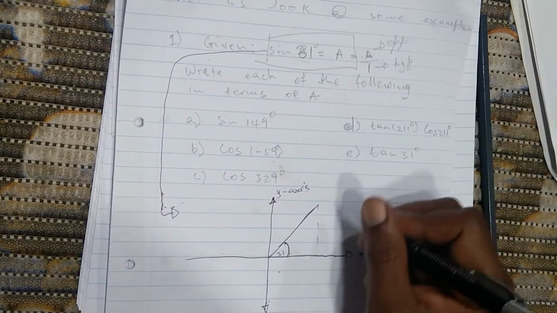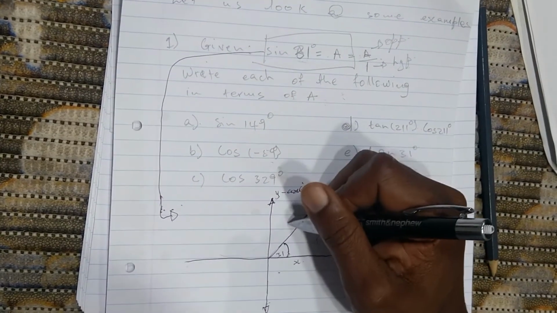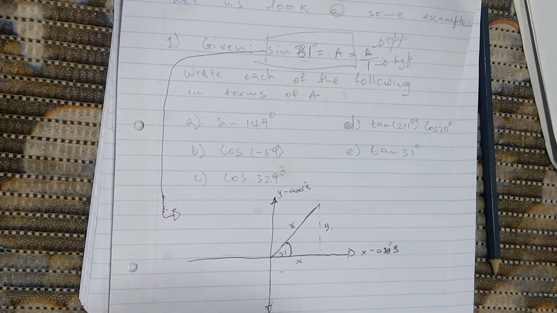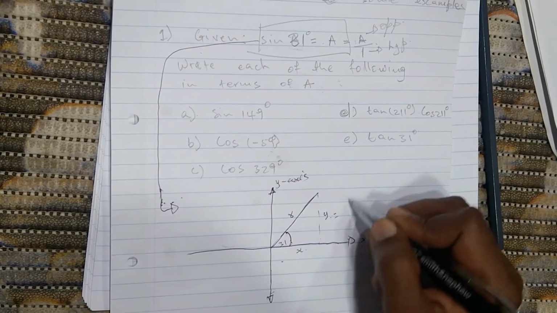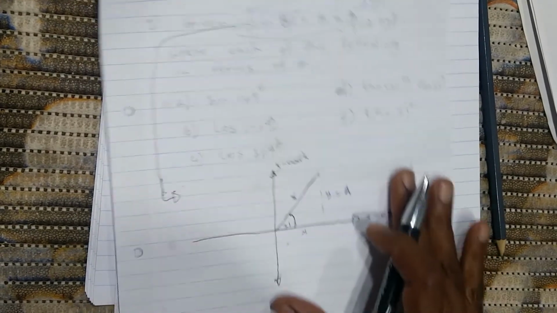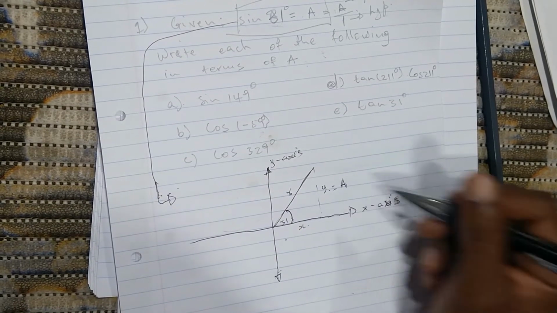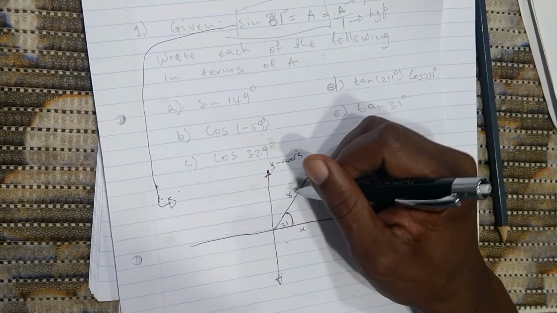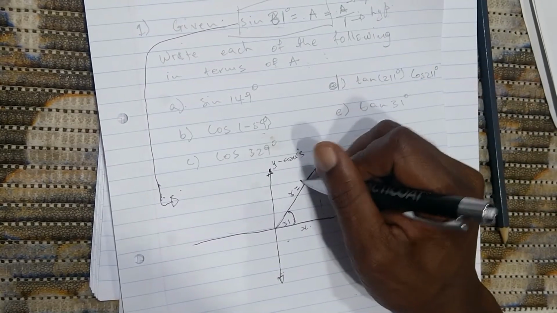The opposite side being y, that's x, and this is our hypotenuse, which is r. So now our y is equal to a, and the hypotenuse r is equal to 1.